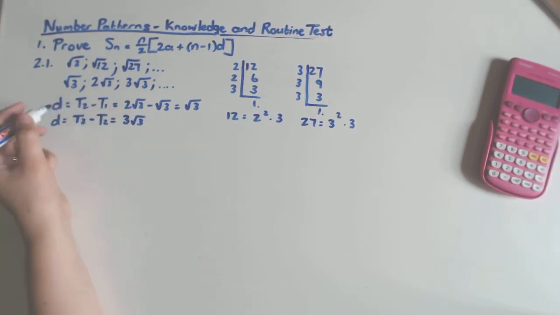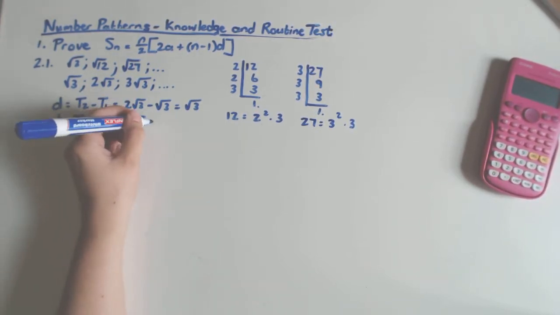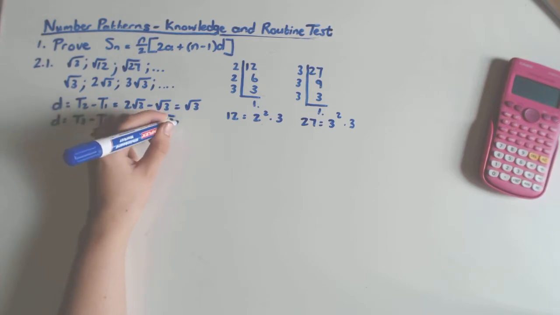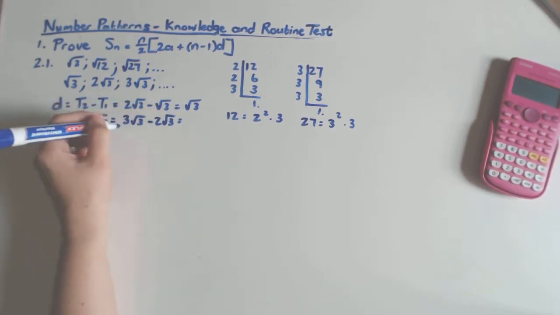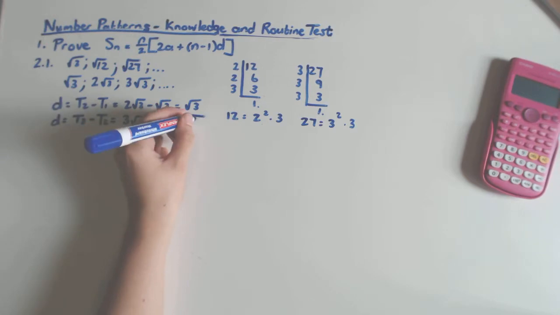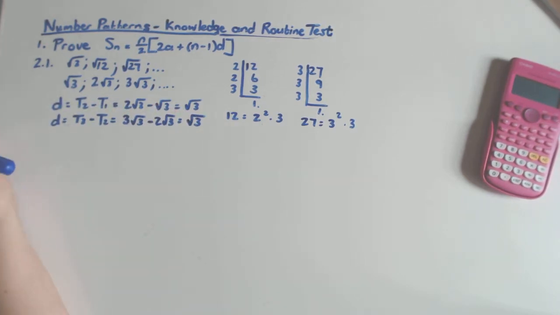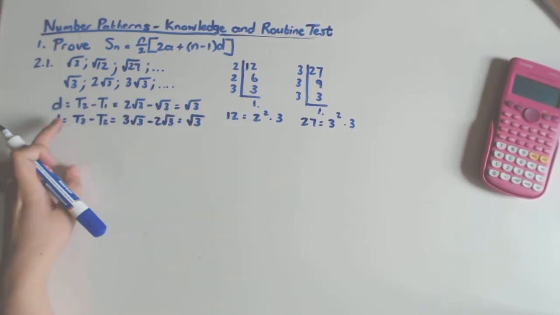I already have d, so why would I work it out twice? This just makes 3 root 3 minus 2 root 3, which is root 3. Double checking myself just makes me a better mathematician. That's why I worked it out twice here.